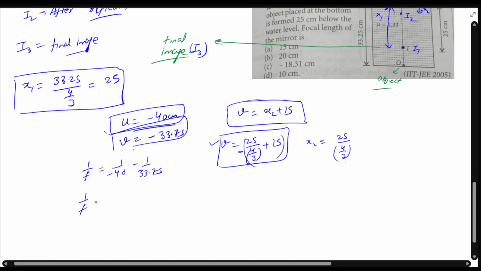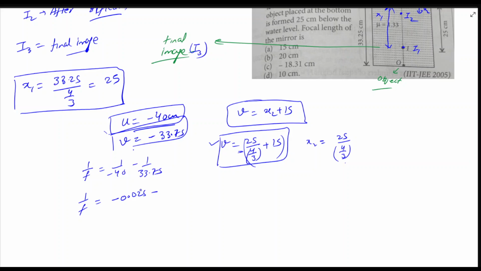So 1 by f will be equal to minus 0.025 minus 1 divided by 33.75, so it will be minus 0.03 approx.